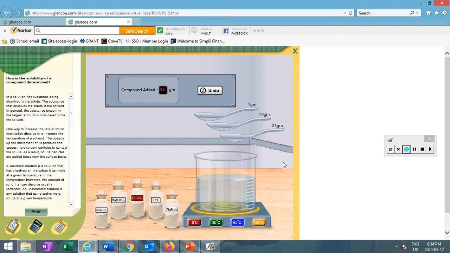That is 62 grams. And then 100. We can get up past 62.